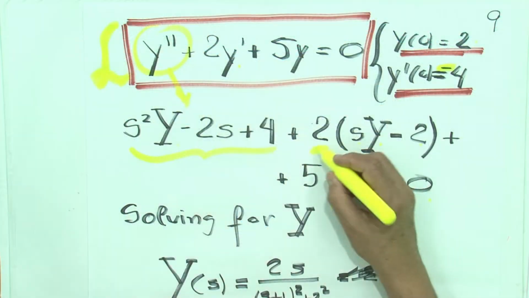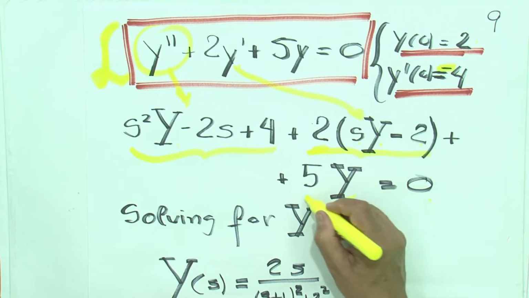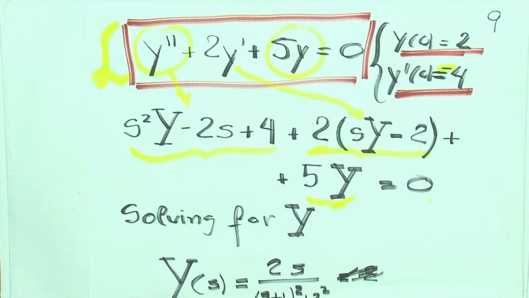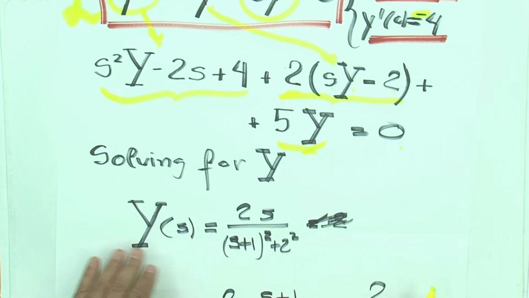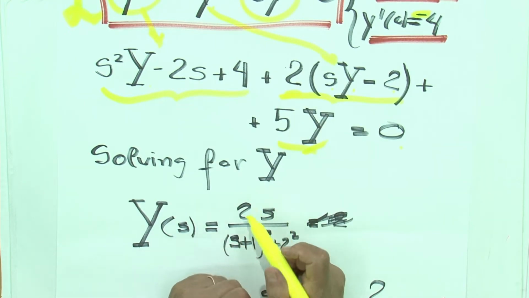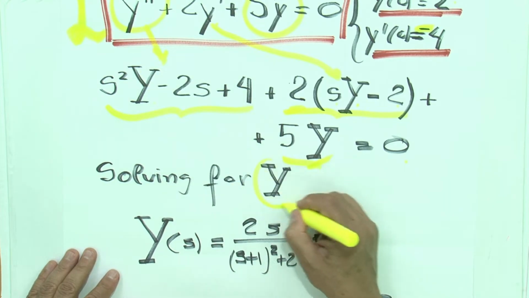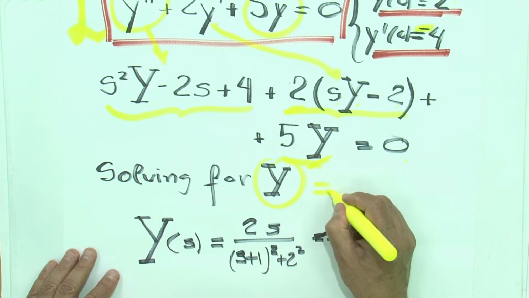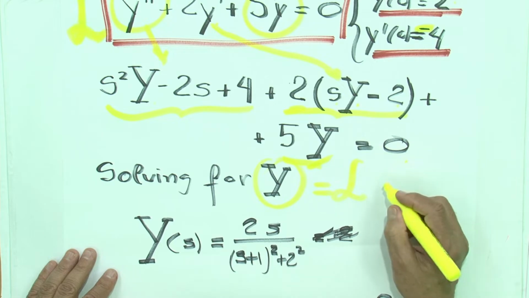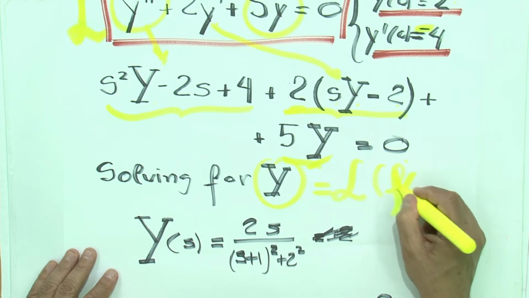So this here is the Laplace transform of this, and the last term is the Laplace transform of that. Then I have my algebraic equation, composed of a new function, capital Y, that we know is by definition the Laplace transform of the function y.